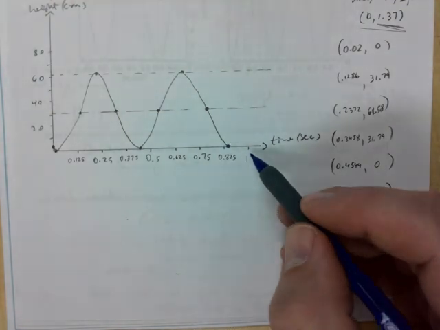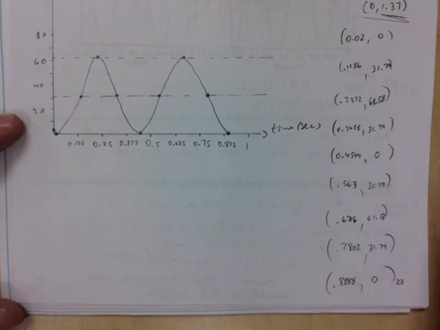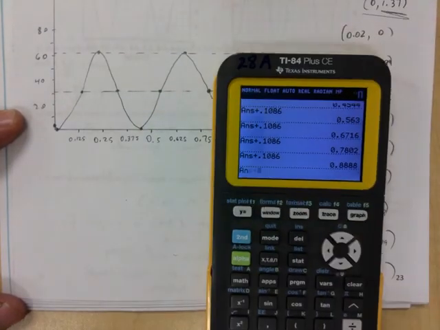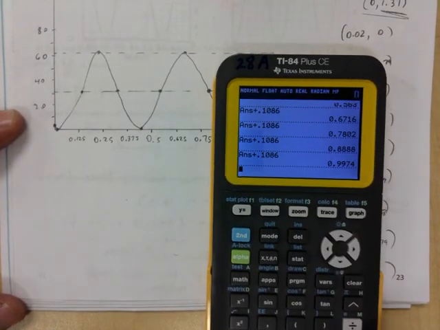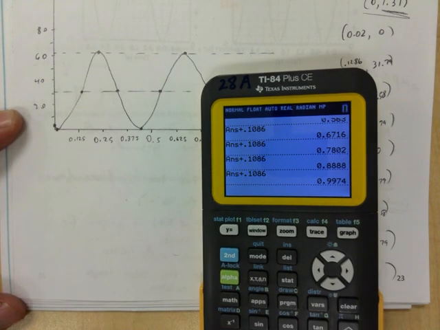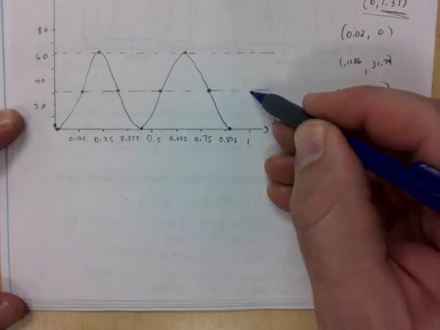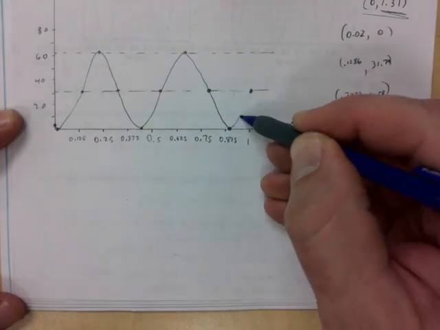So my guess is that, as it goes up, if we add another 0.1086, we're going to be just short of 1. It would round to 1. So we're just going to jump to here and make that be it.